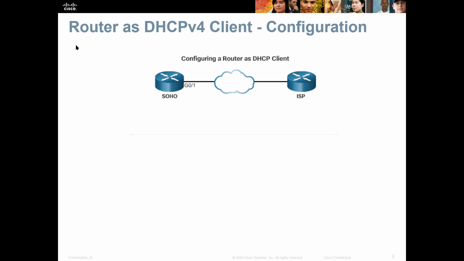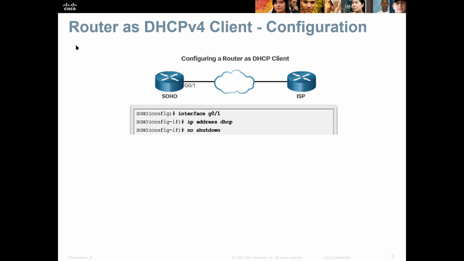So you see the SOHO really means small office, home office. And the simple setup of it is just, once again, set up the interface. So this is on G0/1. Set up the interface. And all you're simply doing is saying IP address, going to get it as DHCP.